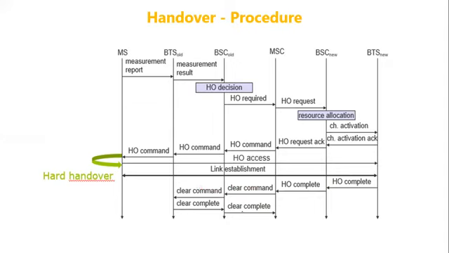Then there is a clear complete from BSC old to MSC, and from BTS old to BSC old. So basically, this diagram shows how handover happens from one BTS to another BTS.